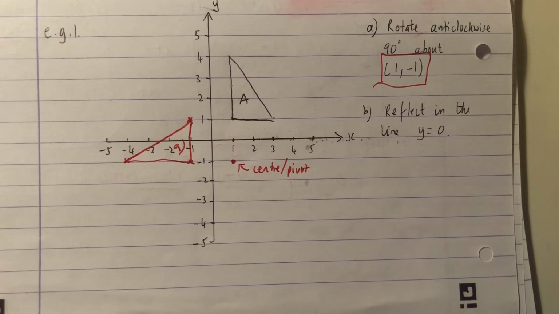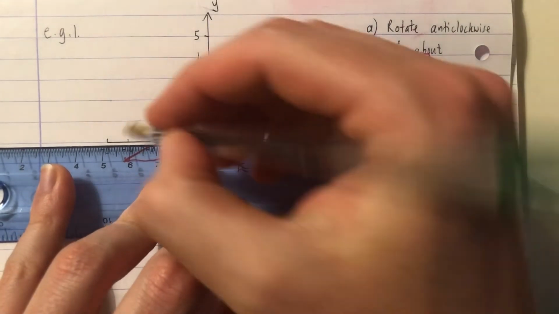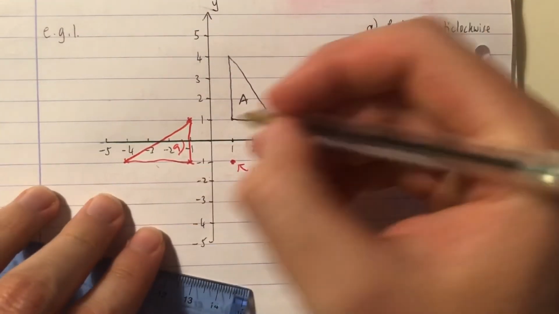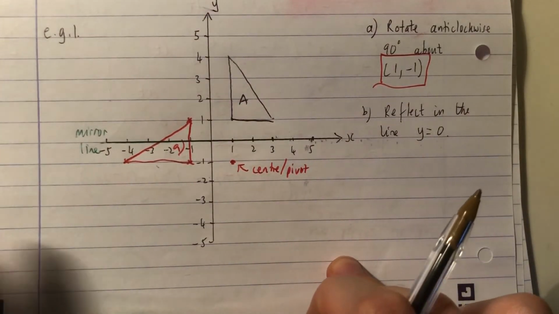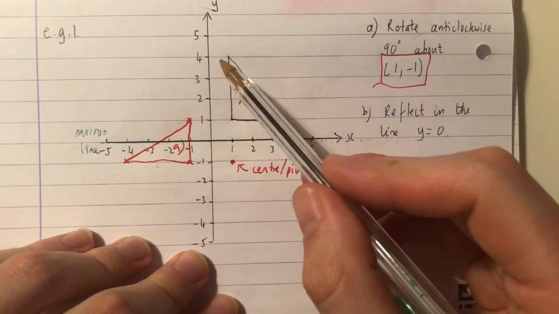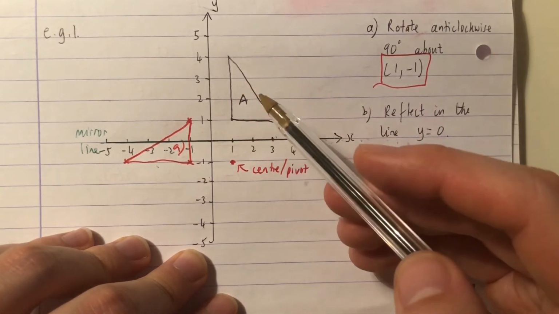Next one is reflect in the line y is equal to 0. Similar to the one above, the first thing you should do is label the mirror line for this one. So y is equal to 0 is the line which passes through y is equal to 0, and it would be effectively the x-axis. So I'm going to draw in the mirror line. And then pick on the corner points again, similar to translations, and then reflect them the other side of the mirror line.